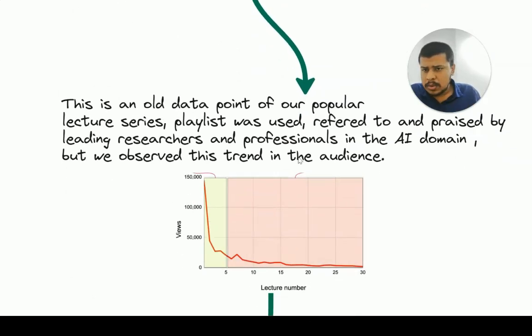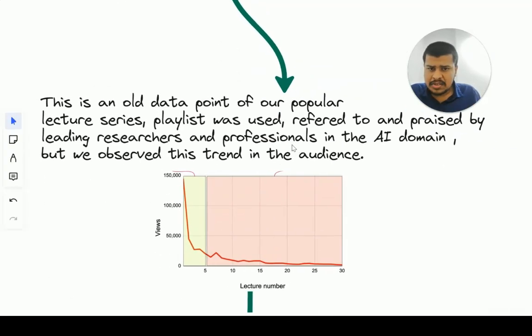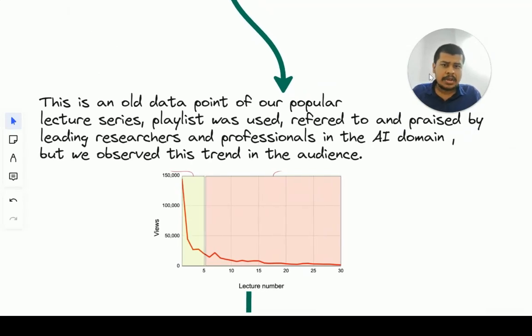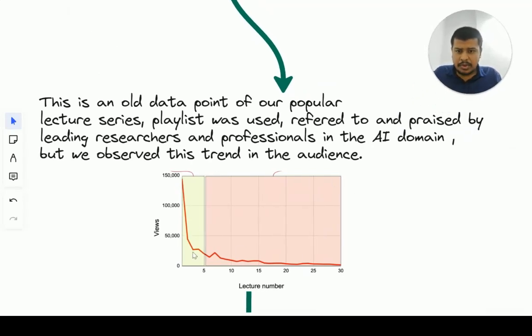Before going into the ending portion, let me give you a data point here. What you're seeing here is the viewership against the number of lectures. You can see for the first 5 lectures there were a lot of views, and then afterwards it went down. Why is this the case?